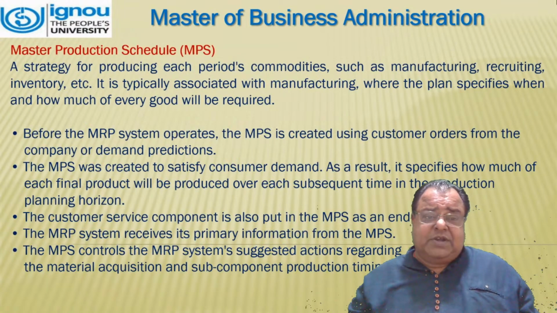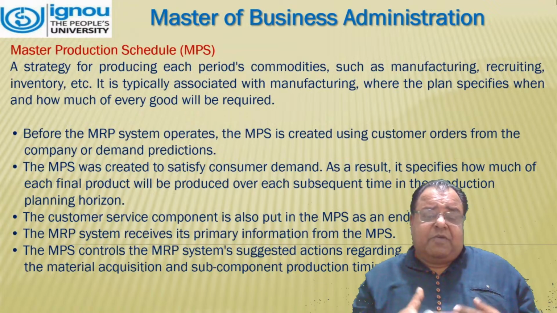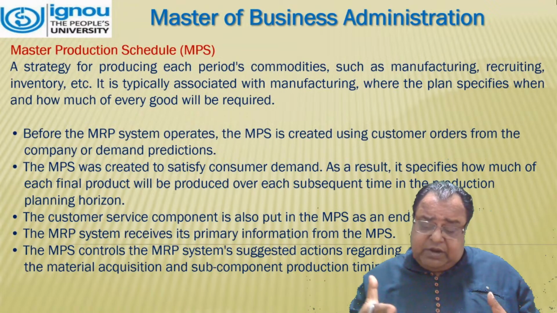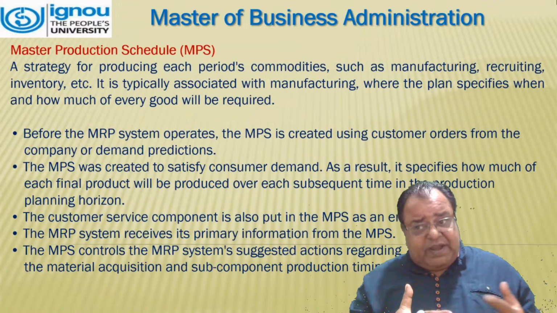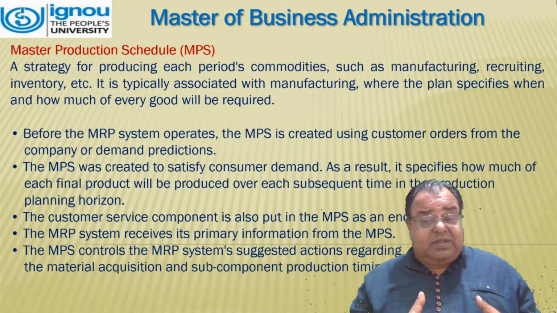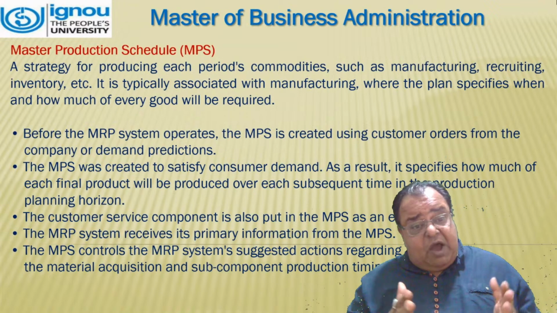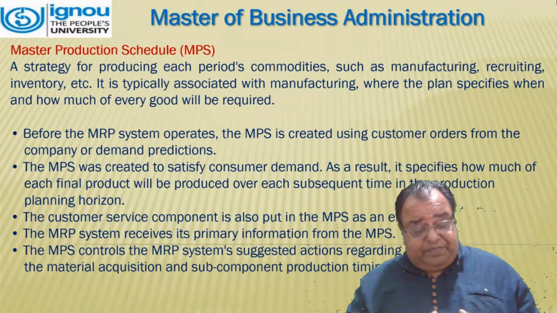What is a master production schedule? It is a strategy for producing each period's commodities, such as for manufacturing, recruiting, inventory, etc. It is typically associated with manufacturing, where the plan specifies when and how much of every good will be required.